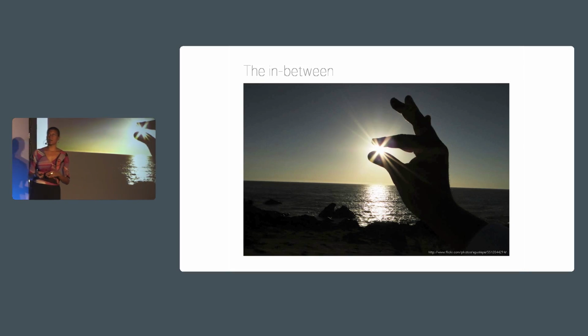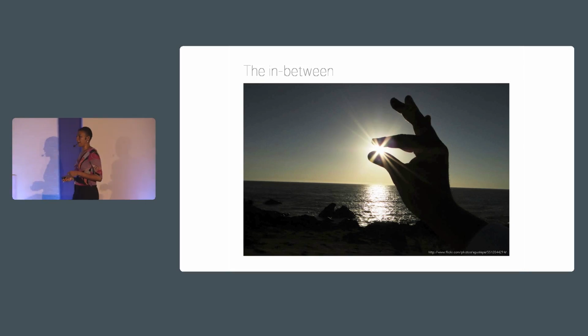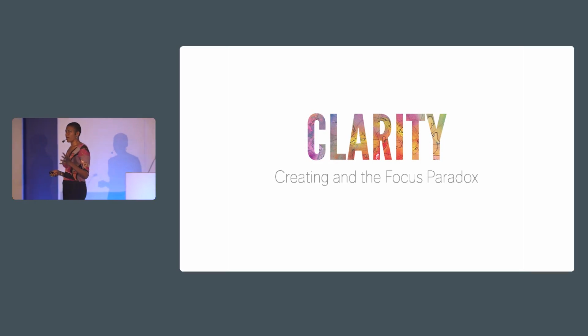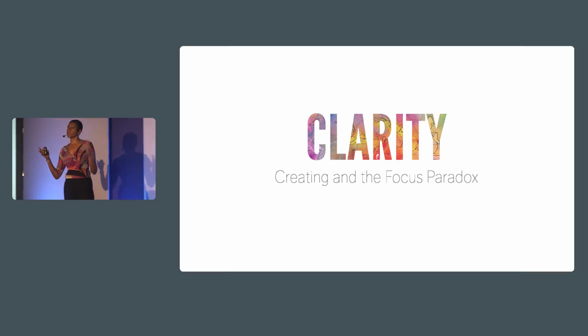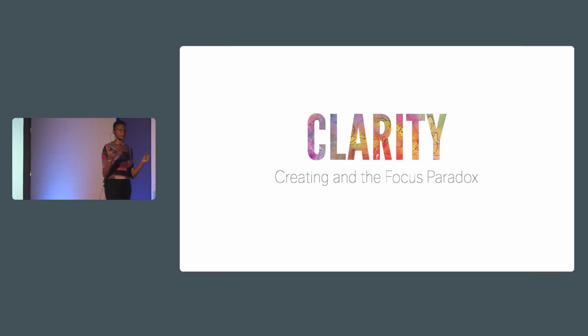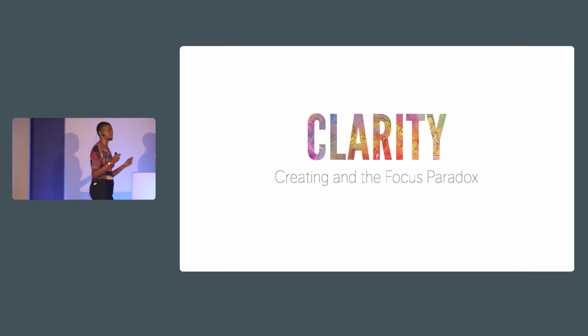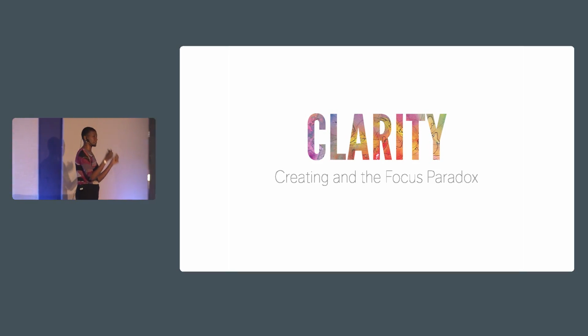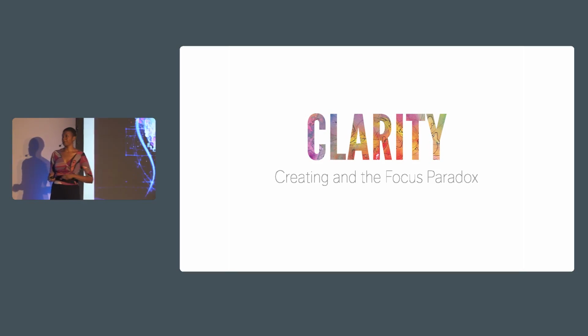And so let's talk about how we're going to get that. So, clarity. How are we going to get some of this clarity? How are we going to leverage this in-between space, get away from being hyper-connected and getting away from being distracted all the time so that we can really start to harness this creative power?